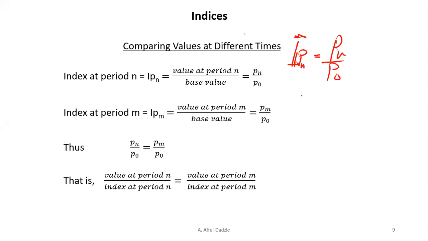So let's say this is a future period and P_m is P_m over P_0. Now, take P_m to be the current period that we are now. So let's say we are in a current period and let P_n be a certain future period.